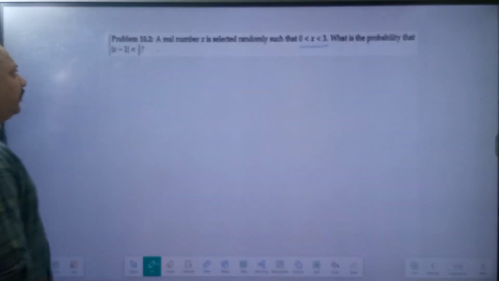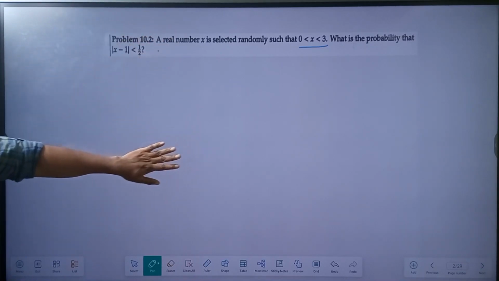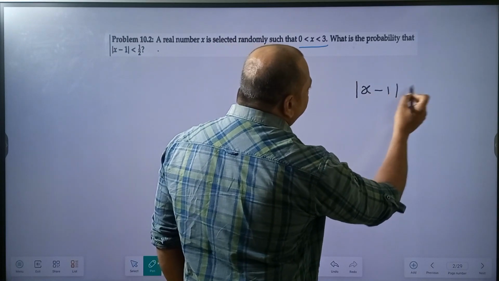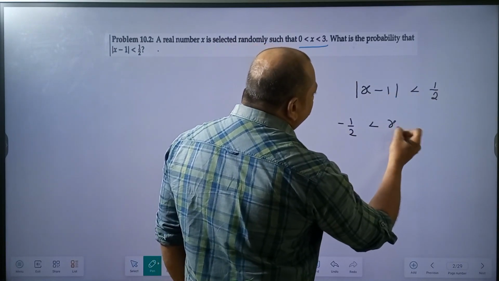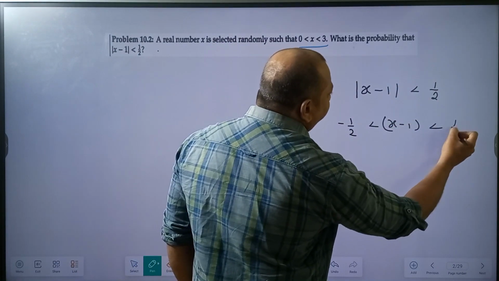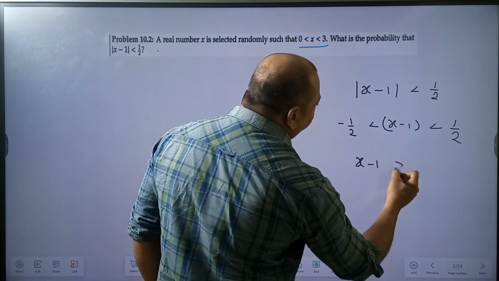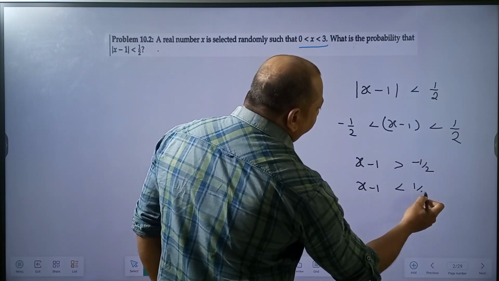What is the probability that modulus of x minus 1 is less than 1 by 2? Modulus of x minus 1 less than 1 by 2 means minus 1 by 2 is less than x minus 1, which is less than 1 by 2.